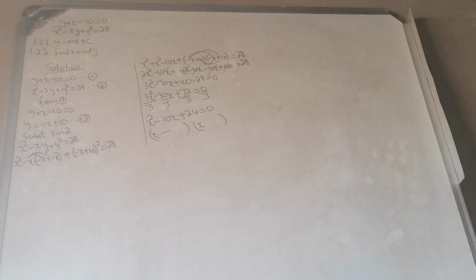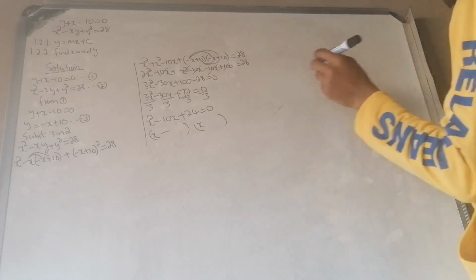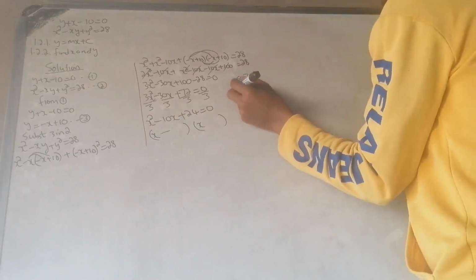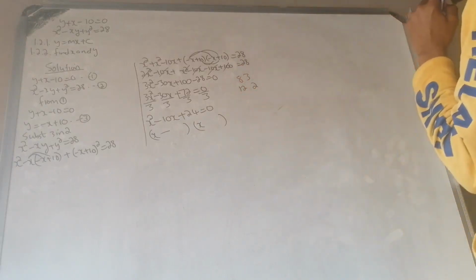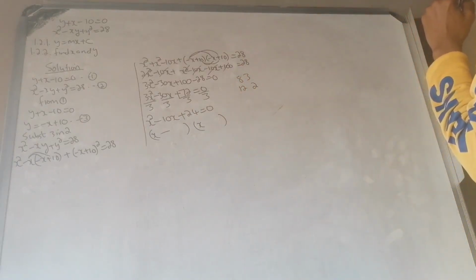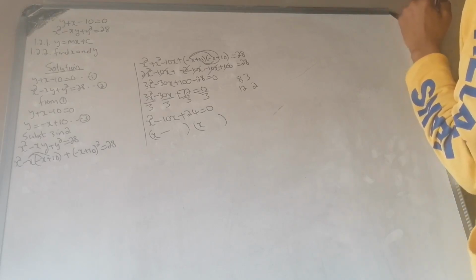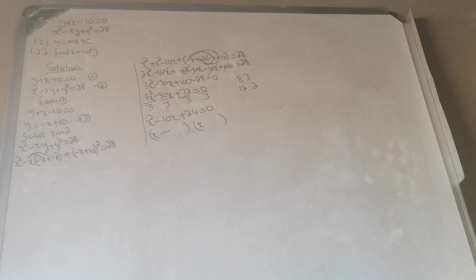Are those only the factors of 24? 8 and 3, 12 and 2. Something is not adding up.